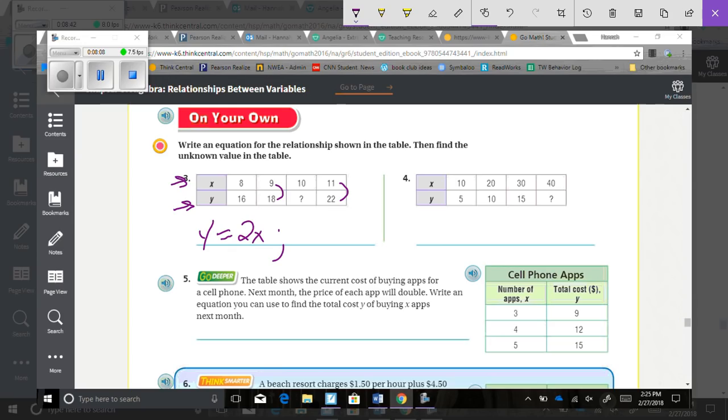So to find my unknown value, 10 times 2 is going to equal 20. So that's the first step and second step. Go ahead and try number 4 by yourself.